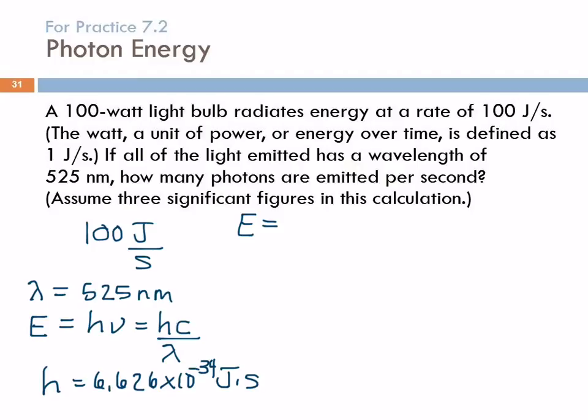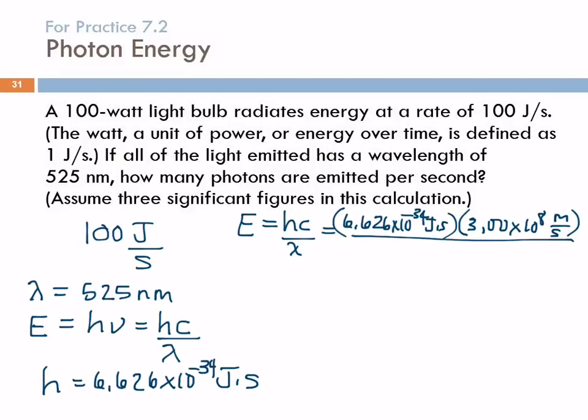Energy equals hc over lambda, where h is 6.626 times 10 to the minus 34 joule seconds. c is 3.00 times 10 to the 8th meters per second. And the lambda, 525 nanometers. I'm going to pull that trick again, and instead of writing nano, I'm going to write what it means.